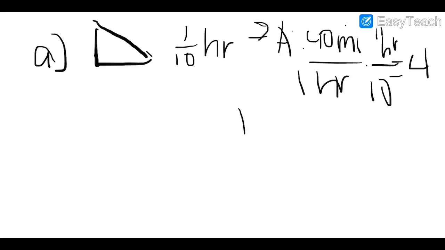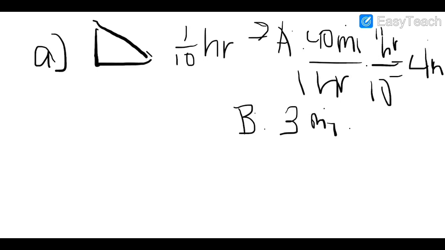We're going to do the same thing for B. I don't really have enough space to write out the whole thing, but it would be 30 miles divided by an hour, times 1/10 of an hour, which is going to give you 30 over 10 miles, which is going to give you 3. That's supposed to be a mile symbol.